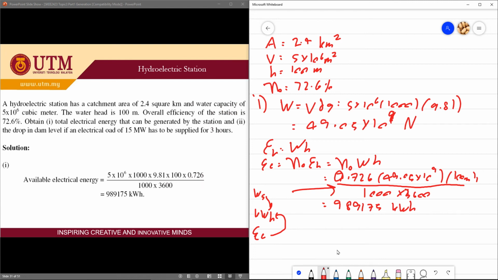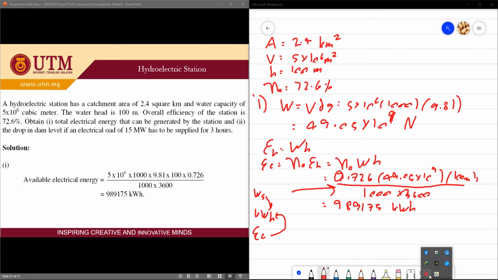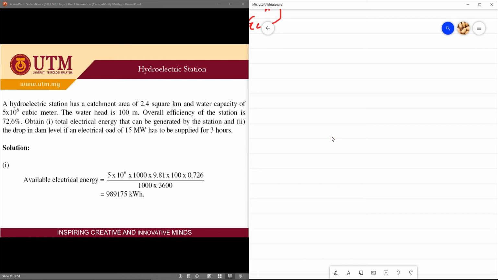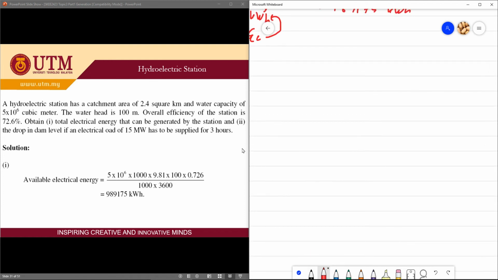Now we move on to question number 2. The drop in the dam level if the electrical load of 15 megawatt has to be supplied for 3 hours.